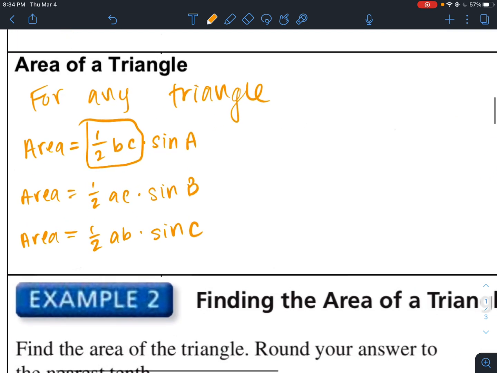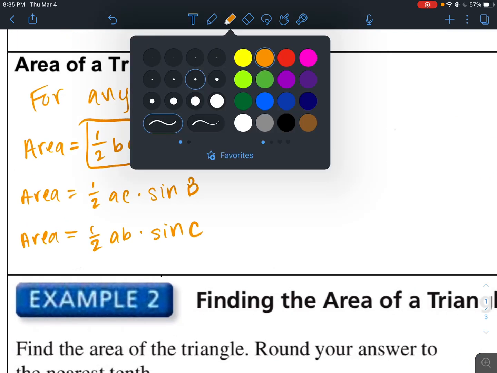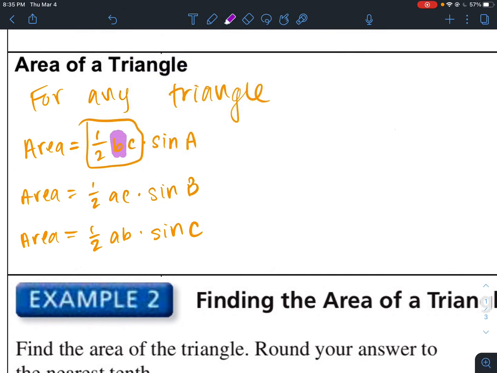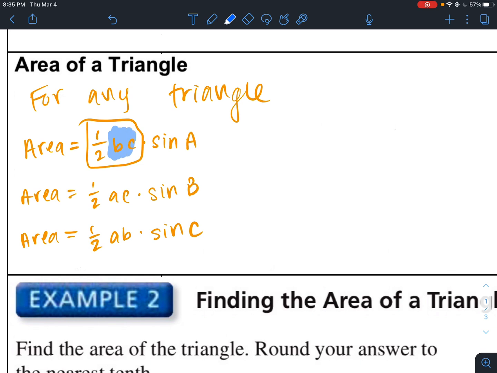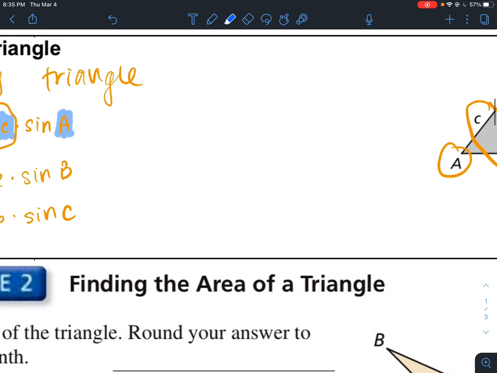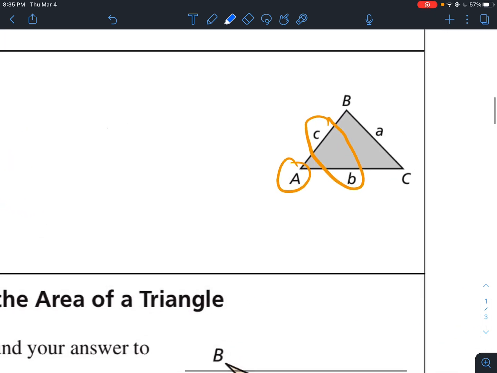So notice here that you have B and C, and sine of A. Basically, how I like to look at it is that you're using two sides. In this case, those two sides are B and C, but then you're using the angle that is not opposite.